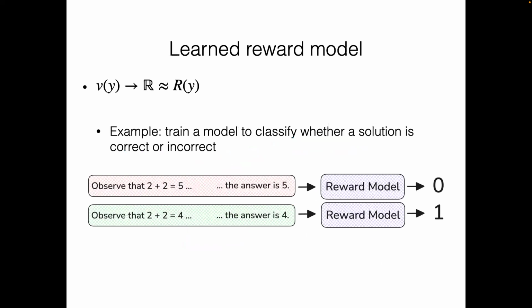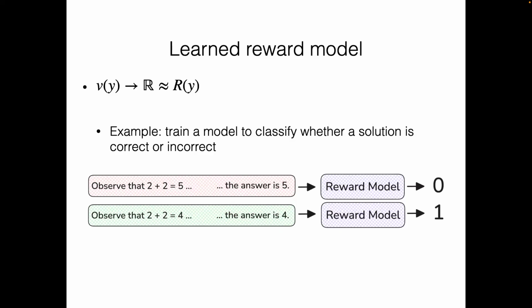But in the usual case, you don't have this luxury of having the perfect verifier. So if you want to take this approach, then you have to think about learning some model that tries to, for instance, predict whether an output is good or not, or whether a solution is correct or incorrect.